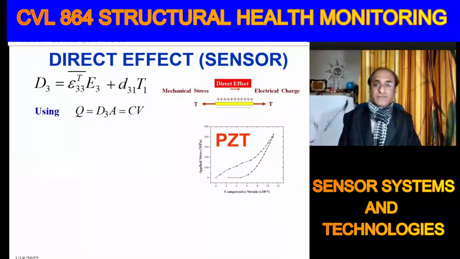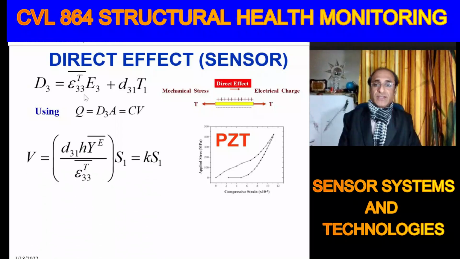So what we have done is that we have made use of this equation, and then we know that this external electric field is 0. So all we have to do now is make use of the parallel plate capacitor equation Q equal to CV, and we can derive this expression for voltage across the piezo sensor as a function of the strain.